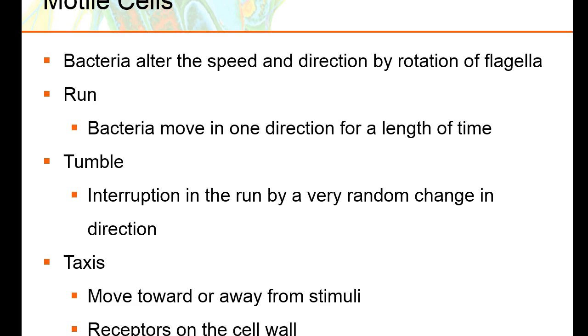So let's say this is iron, and over here is a microbe, and it can actually sense with receptors on that cell wall that this iron up here is going to be good for it. And so that microbe will tumble and make itself run in a pathway that is going to come into contact with that iron, so it can then uptake it and utilize it. So we used to think it was completely random, and now we know that it's not always a random process.